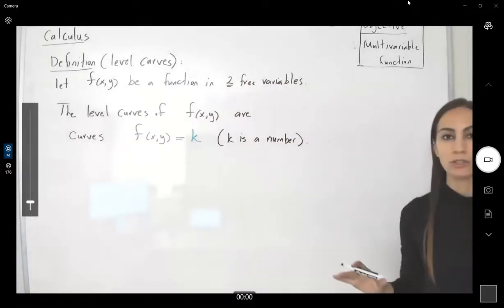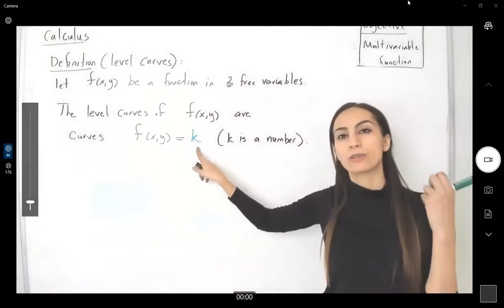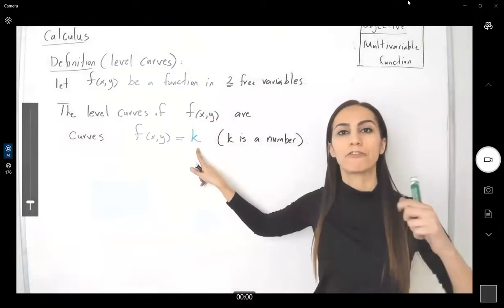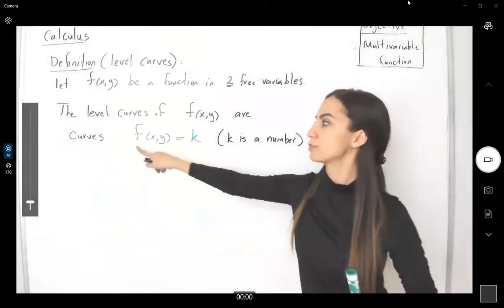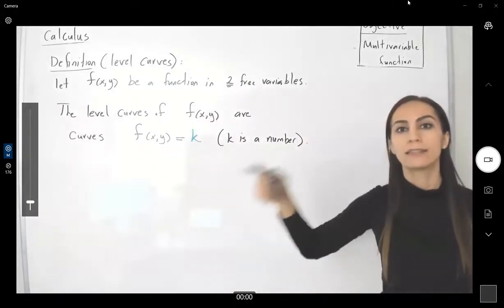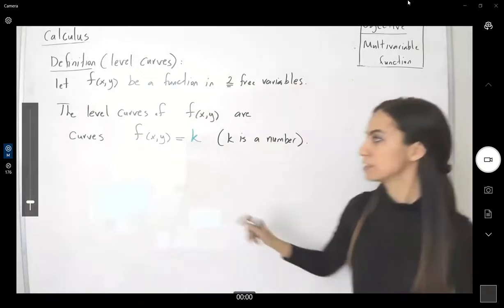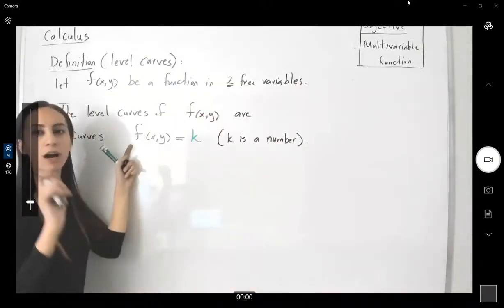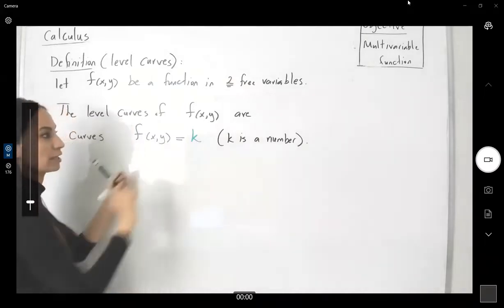So what are we actually doing? We are setting our z value, our output value, equal to a fixed number, and we try to visualize the curves of this function by setting it equal to a fixed number like k.